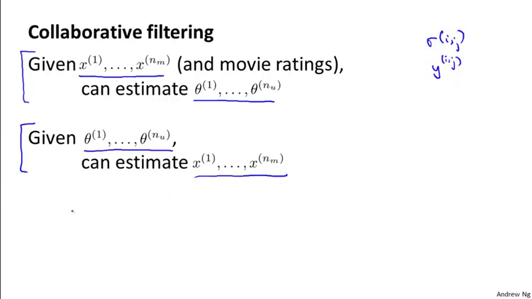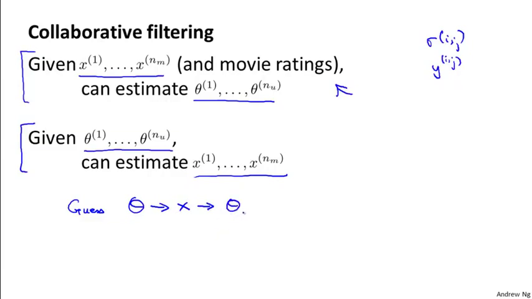And what you can do, and this actually works, is randomly guess some value of the thetas. Based on your initial random guess for the thetas, you can then use the procedure that we just talked about to learn features for your different movies. Now, given some initial set of features for your movies, you can then use the first method that we talked about in the previous video to get an even better estimate for your parameters theta.